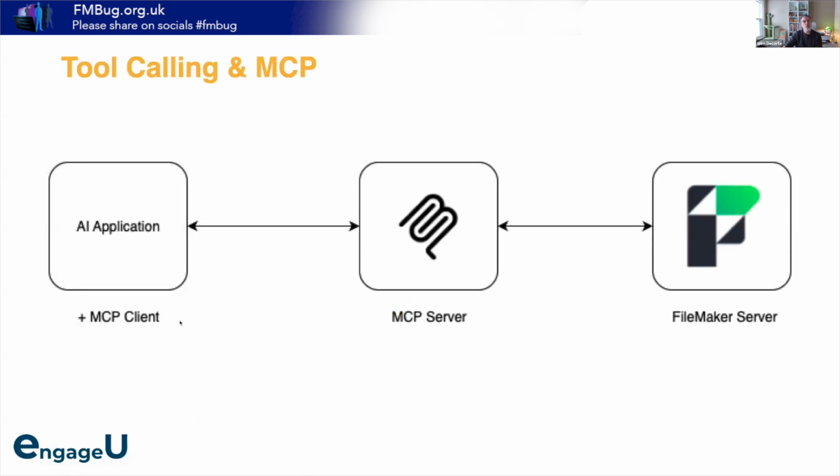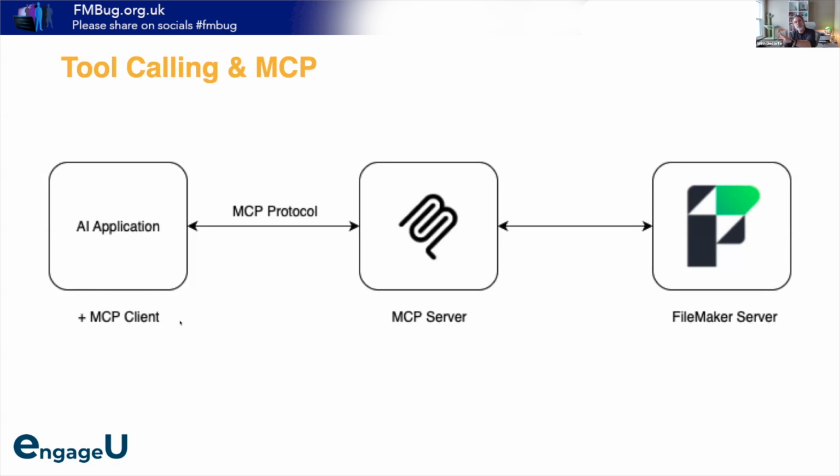So how does that work? On the left-hand side, we have an AI application, which is also an MCP client, as they all are these days. And it speaks MCP to the MCP server. That's really where the protocol comes into play. The client knows how to speak, the MCP server knows how to understand, and that's taken care of.